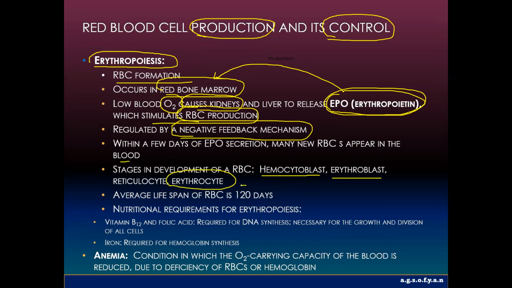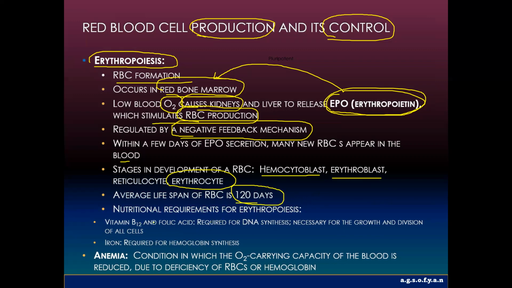Again, as I mentioned before, because red blood cells do not have a nucleus, they live for only 120 days. So red blood cells have to be produced continuously because they will be broken down after 120 days.